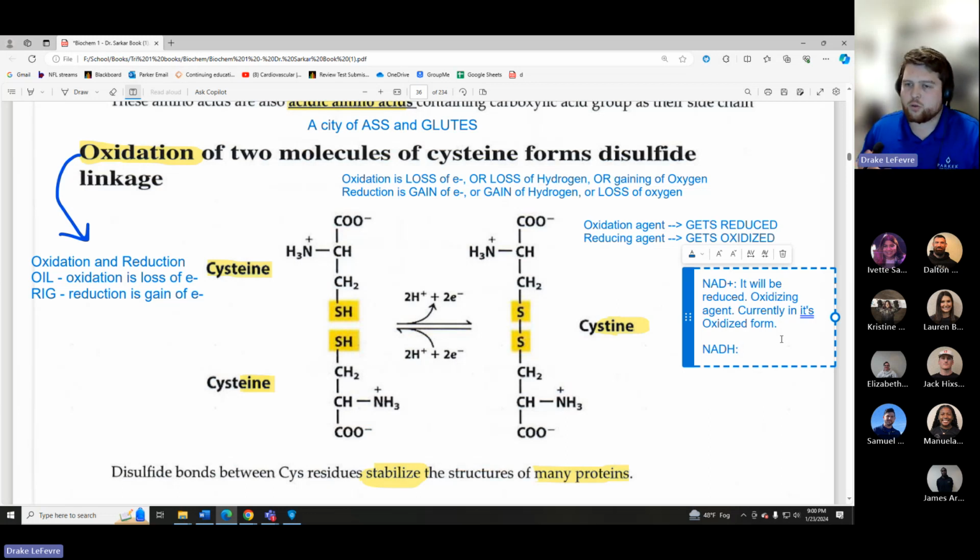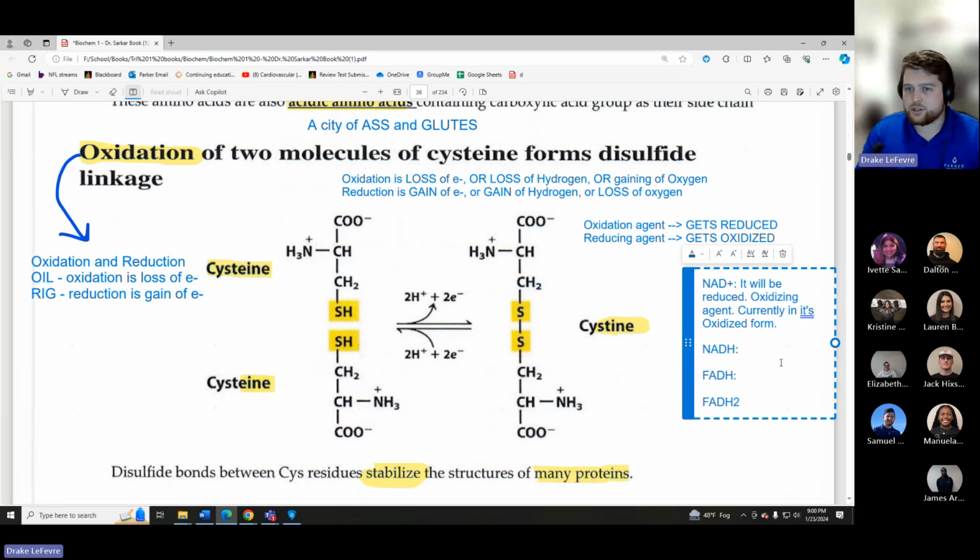Read the question carefully, and know this like the back of your hand, because he can use this in other examples as well. For example, there's FAD going to FADH2.